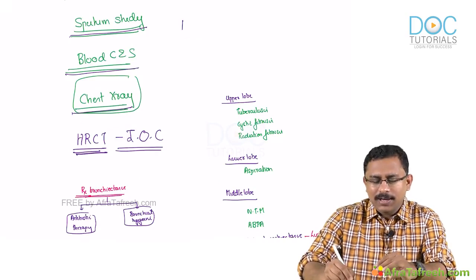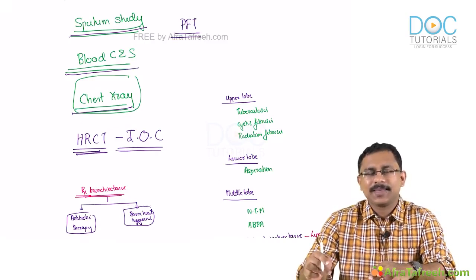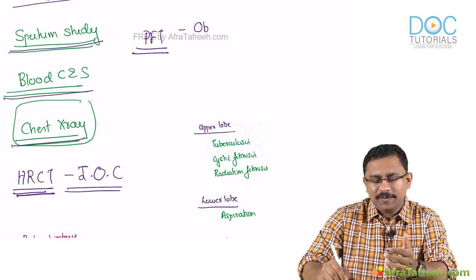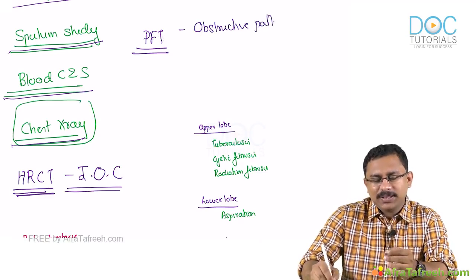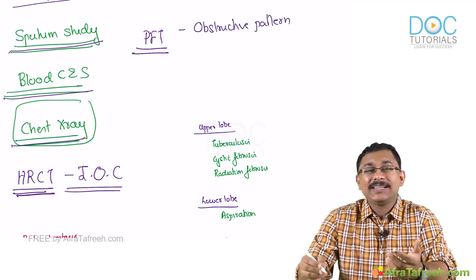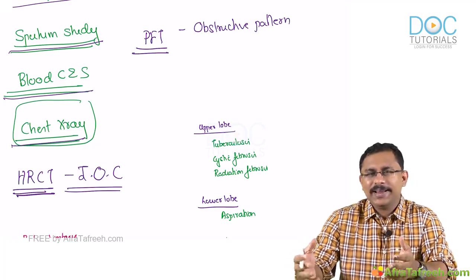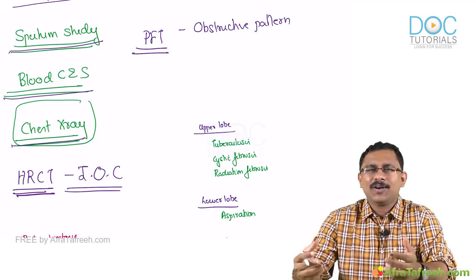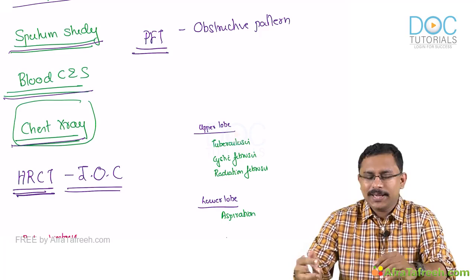And tell me what will happen when you do a PFT, pulmonary function test, in this patient. It is actually an obstructive pathology, so you will get an obstructive pattern. But suppose you have a patient with post-radiation fibrosis and bronchiectasis, or maybe rheumatoid arthritis with subsequent fibrosis and bronchiectasis.